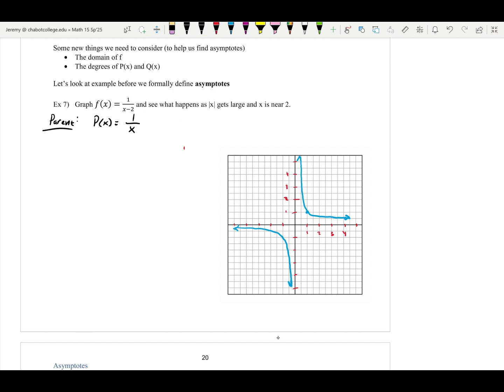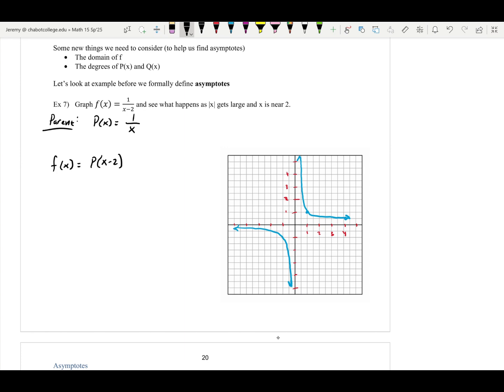Okay, but the reason I'm talking about the parent function here is because f of x is just equal to p of x minus 2. Notice that instead of x, I just have x minus 2. So what this tells me is I can obtain the graph of f by a transformation of the parent function p.